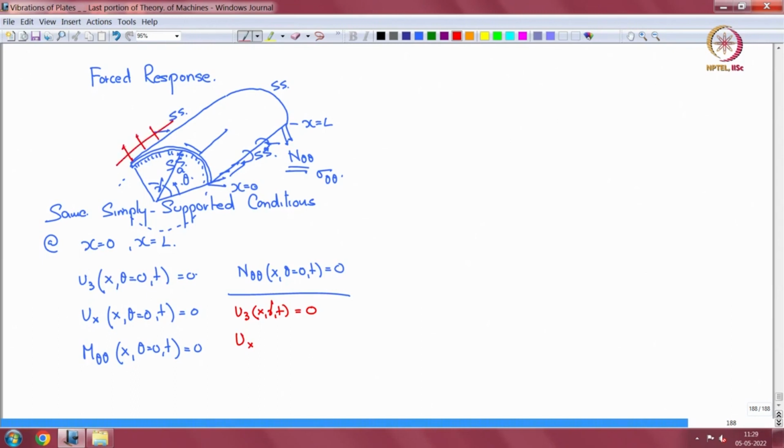Then ux at x comma gamma comma t is 0, and m theta theta at x comma gamma comma t is equal to 0.